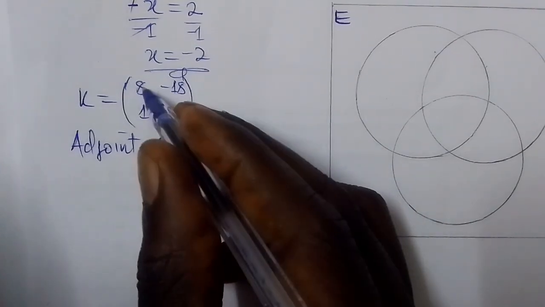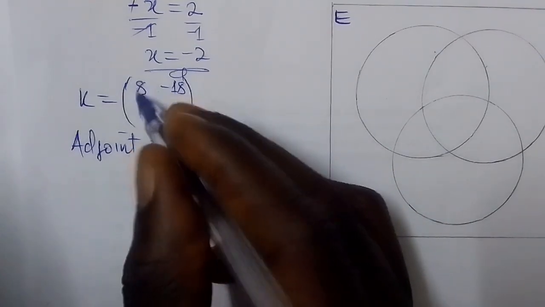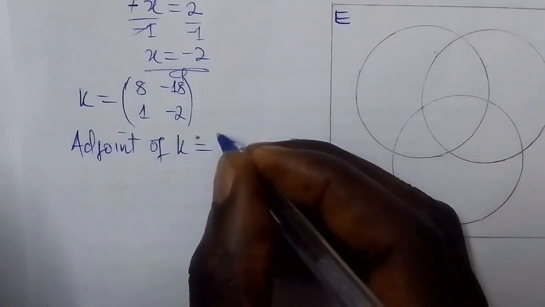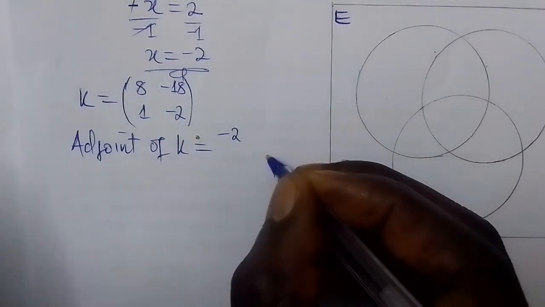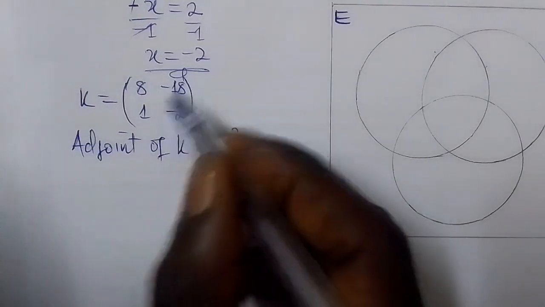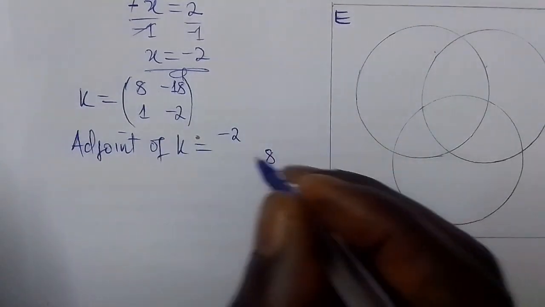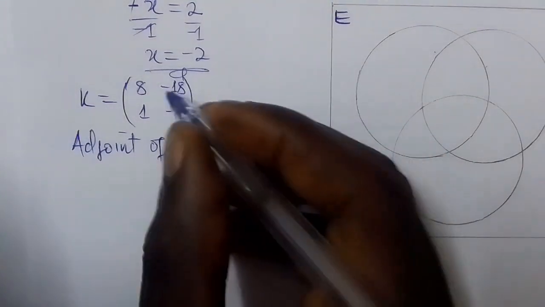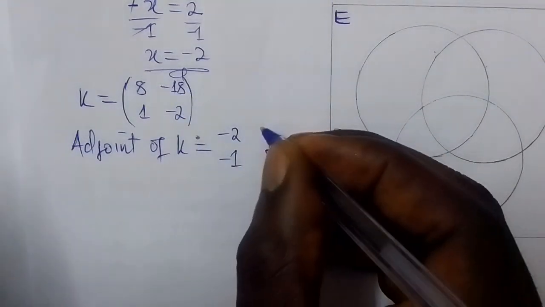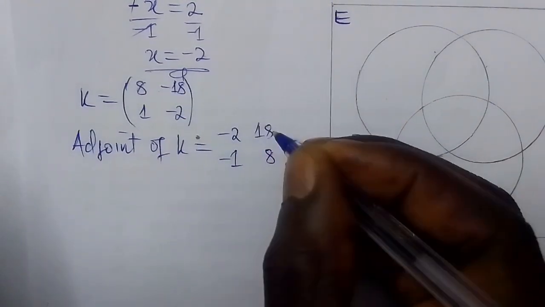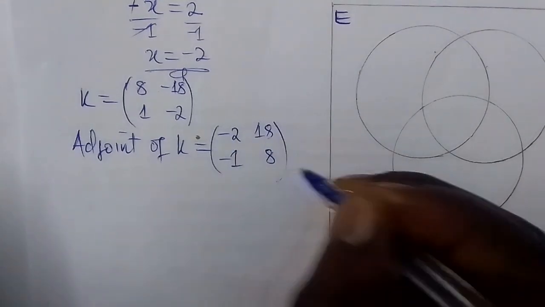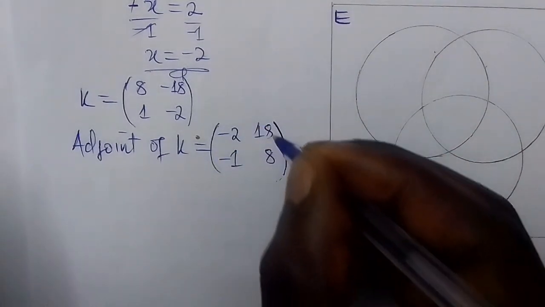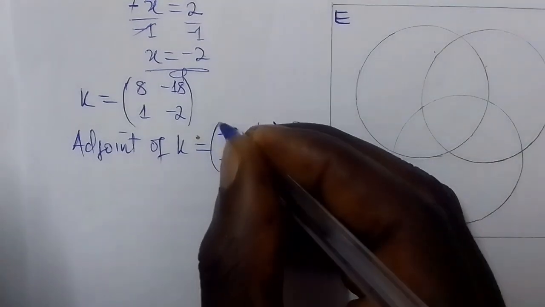So -2 will be positioned where there's 8 here, and 8 will replace the -2. Then elements in the minor diagonal we multiply by negative, which gives us -1, and -1 times -18 gives +18. So this is our adjoint, matrix K adjoint.